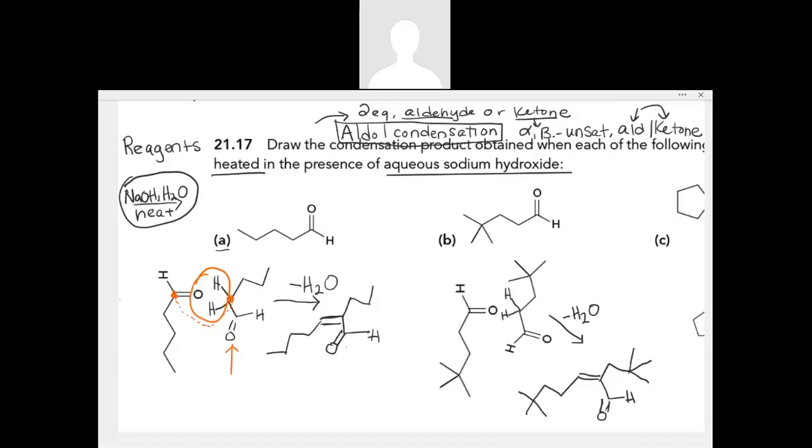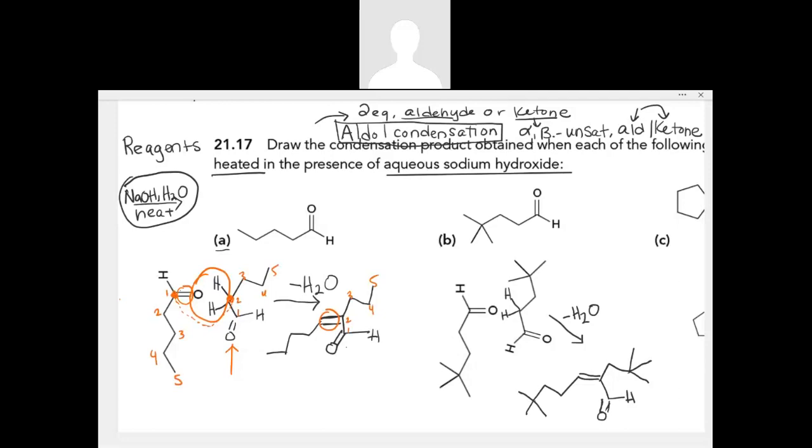I've tried to orient the molecule so we can see that where this carbonyl is, we're going to insert this carbon-carbon double bond, and we don't lose any carbons in this reaction. We can count here 1, 2, 3, 4, 5, and then here 1, 2, 3, 4, 5, and then with this other aldehyde, we have the carbonyl carbon plus 1, 2, 3, 4, 5.